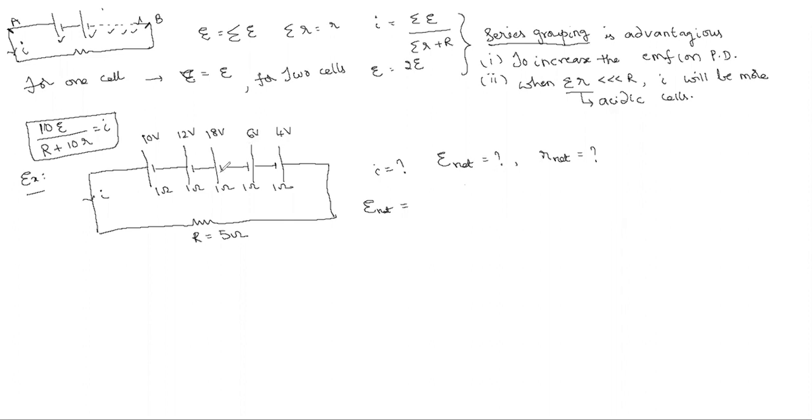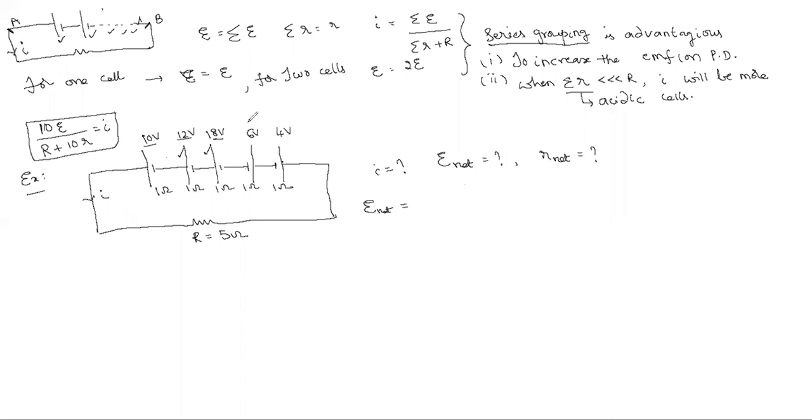So what did I say yesterday, do you remember? While connecting, the negative terminal should be connected to the positive terminal. Yes, sir. So this is aiding. Again, negative terminal is connected to positive terminal. This is also aiding. So these three are aiding with each other. But the problem is with which ones? The last two. The last two, negative is connected to negative, which means they are unaiding with the 18 volts.